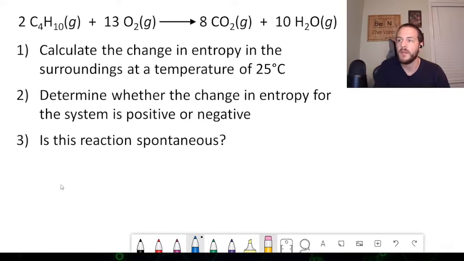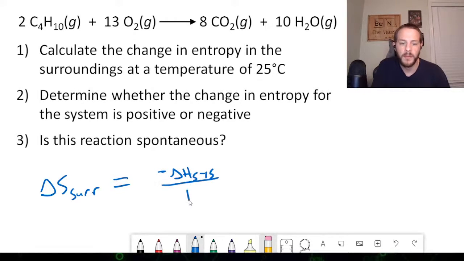We know that delta S for the surroundings is equal to negative delta H for your system divided by T. All we need to do is find the enthalpy change for this reaction. It's something you can find tabulated in your chemistry textbook. Unfortunately, I forgot to provide it in the problem, so I'm going to have to look that up.